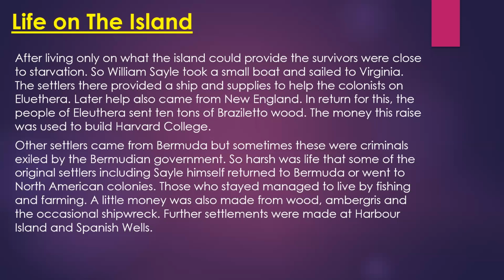Start with S. Harbour Island and Spanish Wells. Very good. Those were further settlements that the Eleutheran Adventurers also made. Basically they began to spread out.